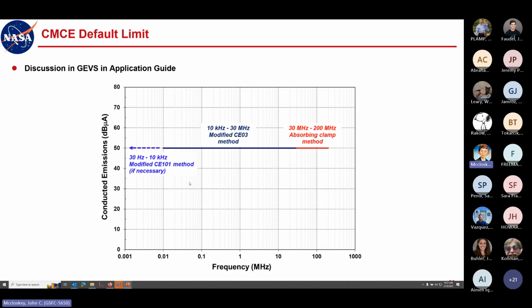But you should, again, know thy platform, and if you've got significant low frequency magnetic concerns where those types of low currents at those lower frequencies might have an impact, then sure, consider doing the measurements down to 30 hertz.